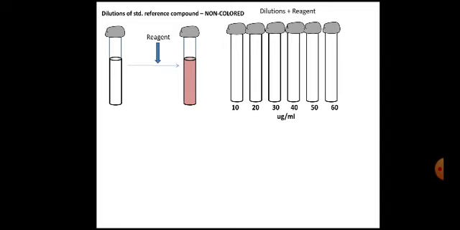Then to this, the reagent or chemical compound is added in equal quantity in all these dilution tubes. That will result in formation of a colored complex, and the color intensity will differ according to the concentration of fermentation product in that particular dilution, like this.